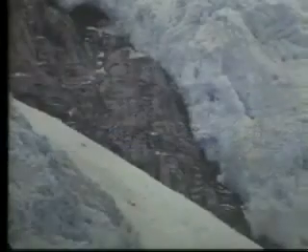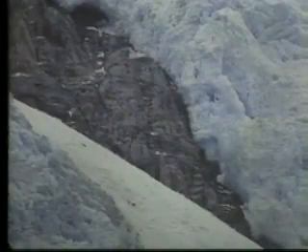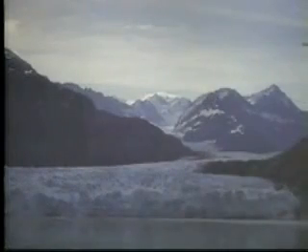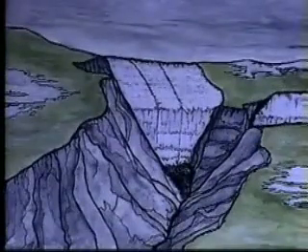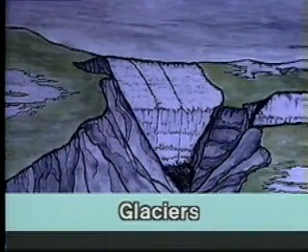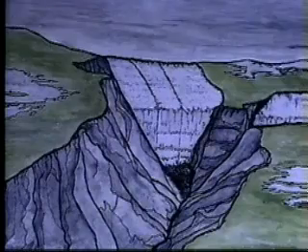These ice ages were periods when the Earth's temperature became so cold that vast amounts of the Earth's water froze. Huge sheets or mountains of ice called glaciers began to form. As the Earth's temperatures continued to drop, the glaciers grew to enormous proportions.